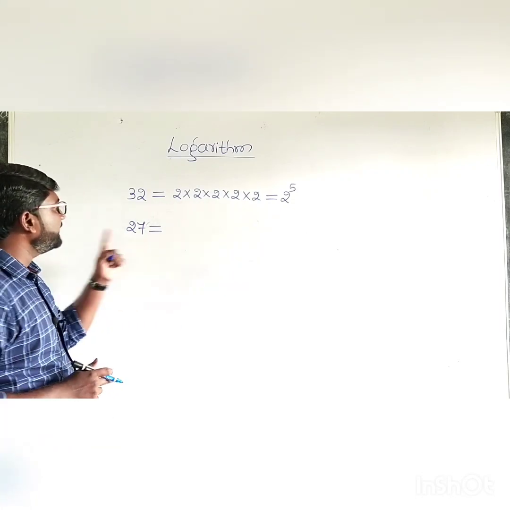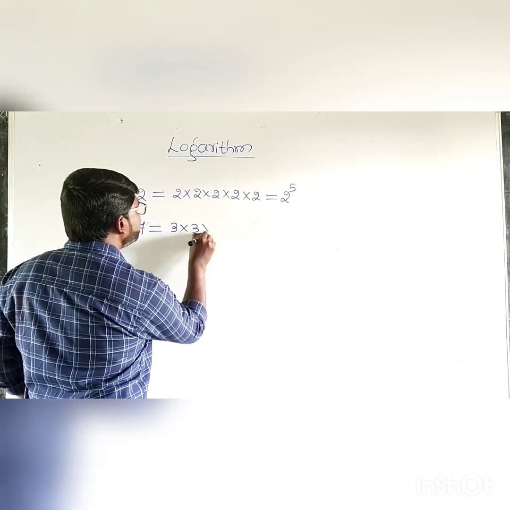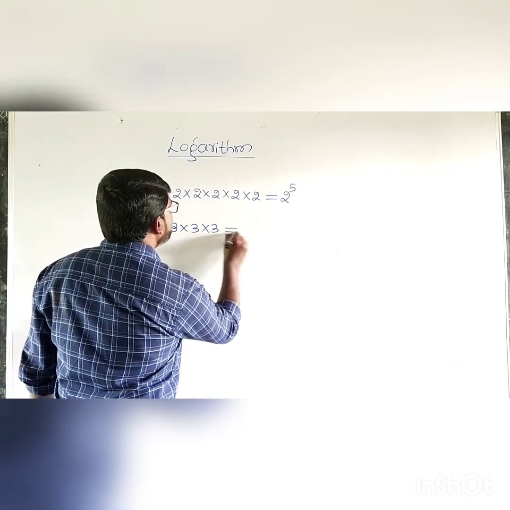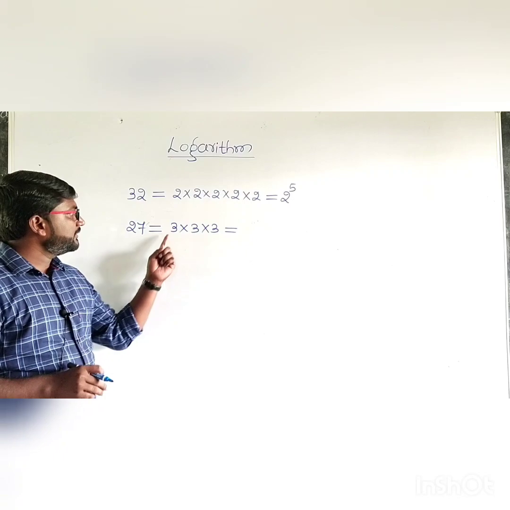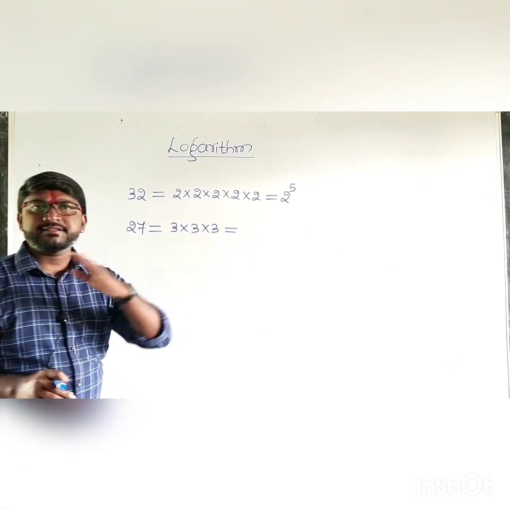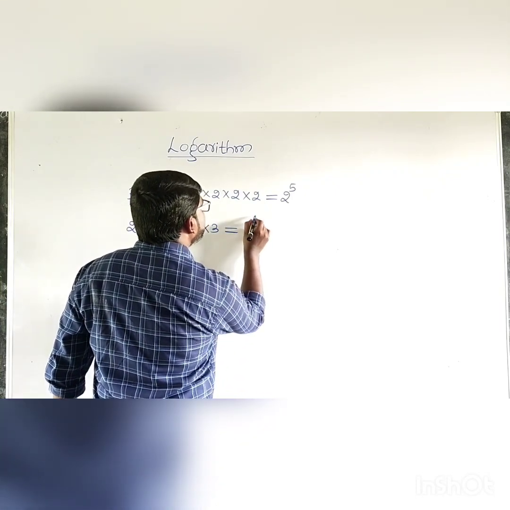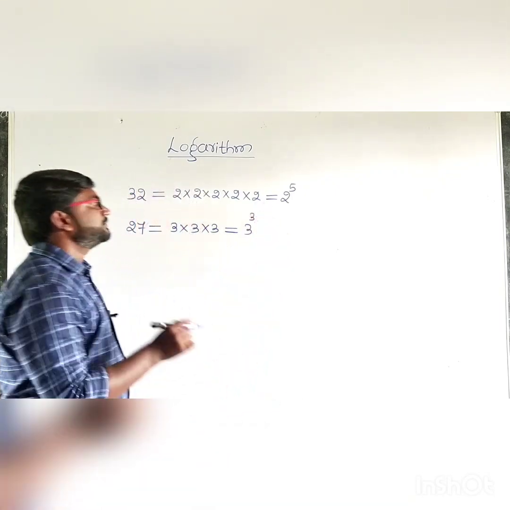Now 27 can be written as 3 into 3 into 3. Let us multiply these: 3 into 3 is 9, 9 into 3 is 27. So this can be written as 3 raised to 3.